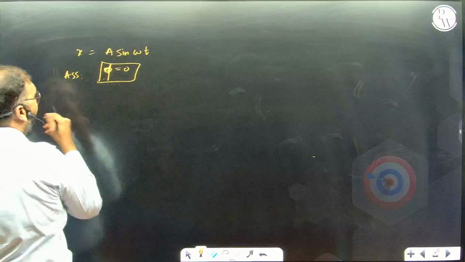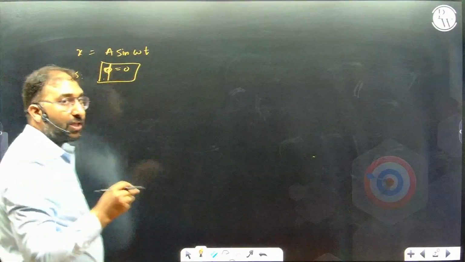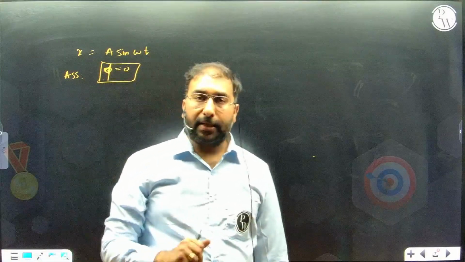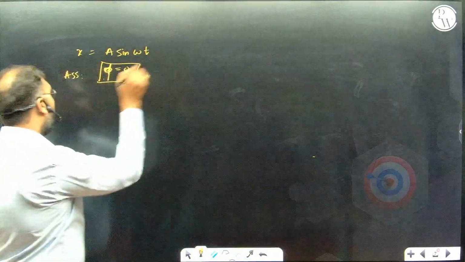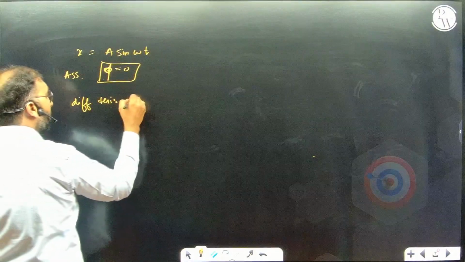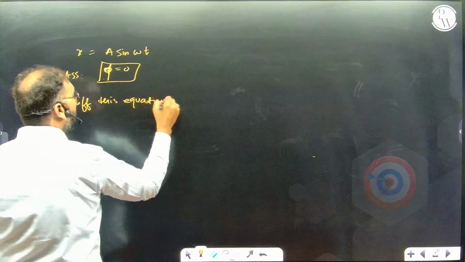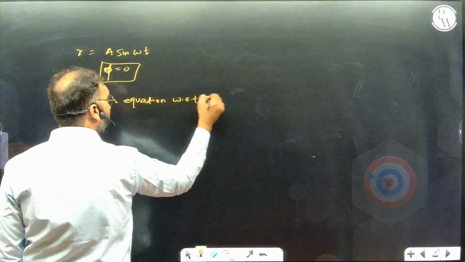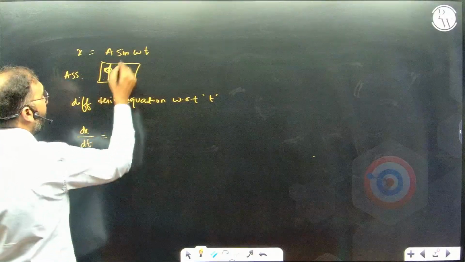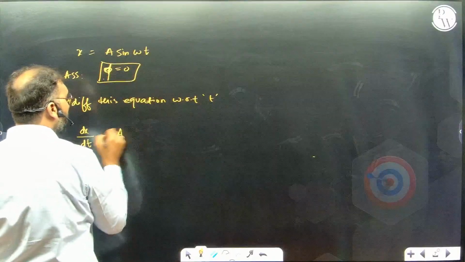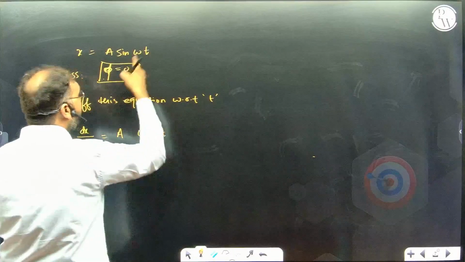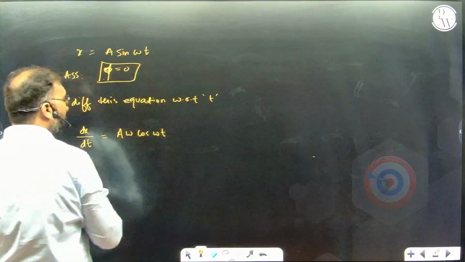Okay. Now, if we know the equation of the displacement of the particle, very easily we can find out the velocity of the particle and the acceleration of the particle. So let's do that. Differentiating this equation with respect to time, I am getting dx by dt, and here a is constant, it will remain outside, and the differentiation of sin theta is cos theta, so it is cos omega t, and then the coefficient of omega is there, so you have to multiply here.